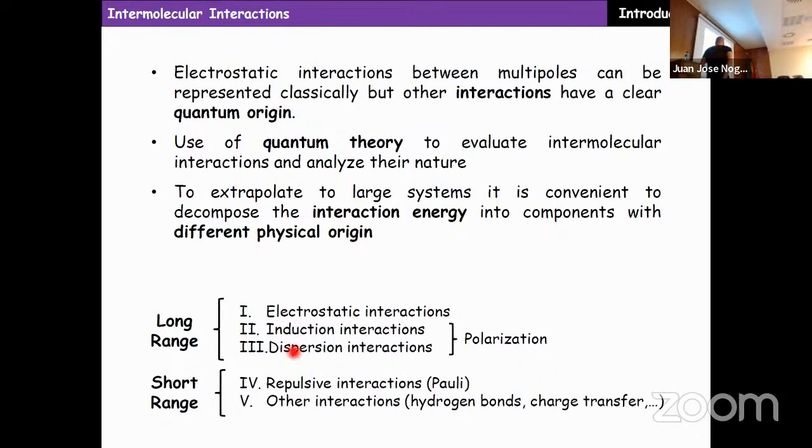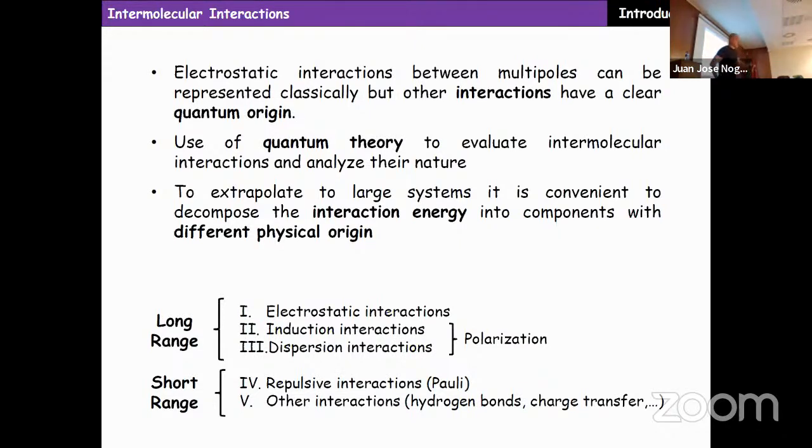Well, inductive interactions. You know that the system's fragments polarize each other. There is a polarization, a formation of dipoles or quadrupoles, multipoles, induced by the potential created by the other fragment. Then we have interaction between these induced multipoles. We have induction interactions. And dispersion interactions. Well, dispersion is an interaction that only has a quantum origin.